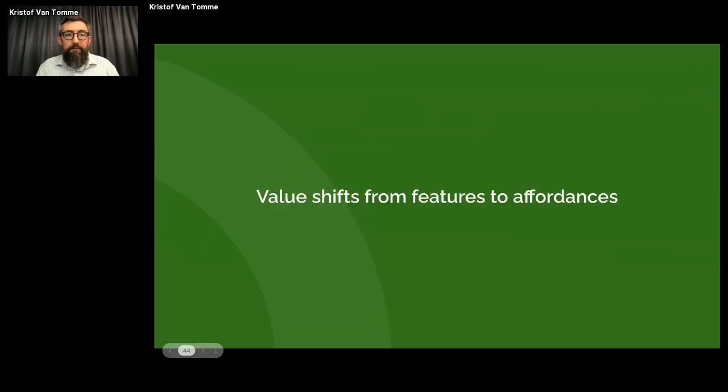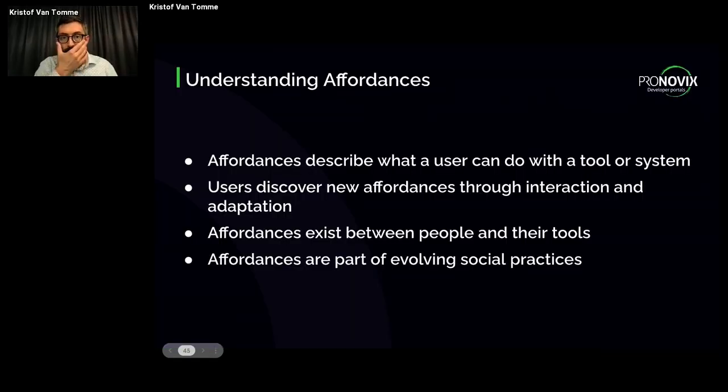Another shift that's going to happen, I think, is a shift from features to affordances. What do I mean by that? If you're not familiar with the word, affordances is a really weird word. It's kind of like features, but an affordance is normally not a property of a product alone.